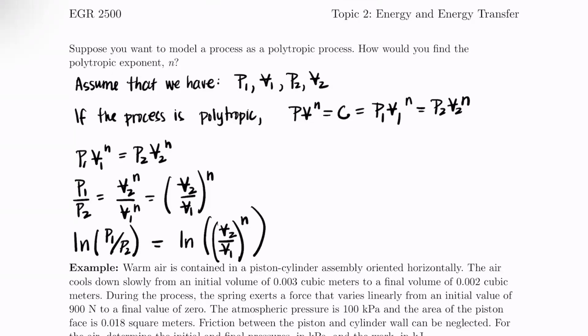When we take a log of a quantity raised to a power, that power comes out front. So this is equal to n times the natural log of V2 over V1. All right, so I'm just going to solve this for n.